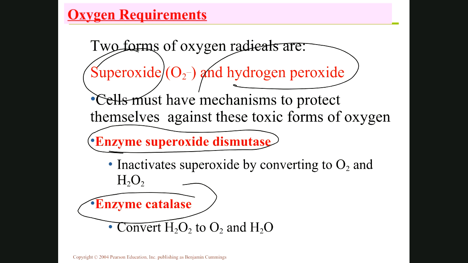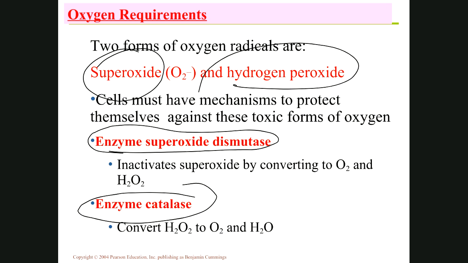So all living things that live in an oxygen environment and or use oxygen need these enzymes in order to survive. Okay, so that's the premise. That's why oxygen is important. When it comes to eukaryotic organisms, like us, most are going to need oxygen. We make ATP by aerobic respiration.